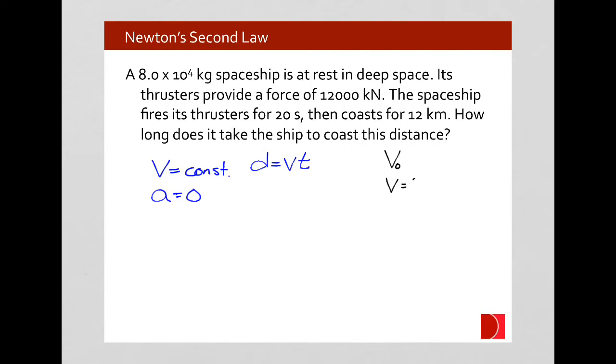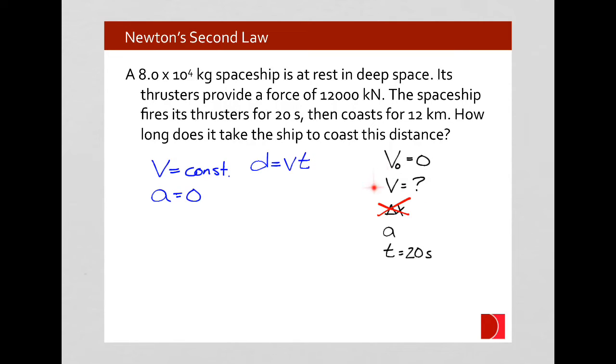The final velocity of our acceleration is what we're interested in. We're told that this acceleration happens for 20 seconds. We don't know how far it's gone in that time, and we're not really given much information to that end. But we are told that it's initially at rest.